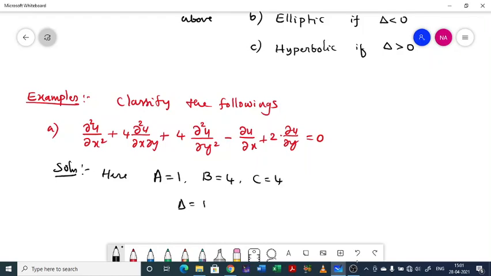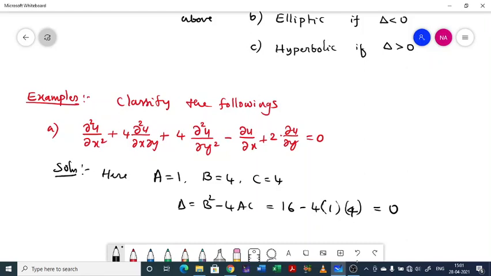Delta equal to b² minus 4ac, that is 16 minus 4 into 1 into 4, so that is 16 minus 16, which is 0.